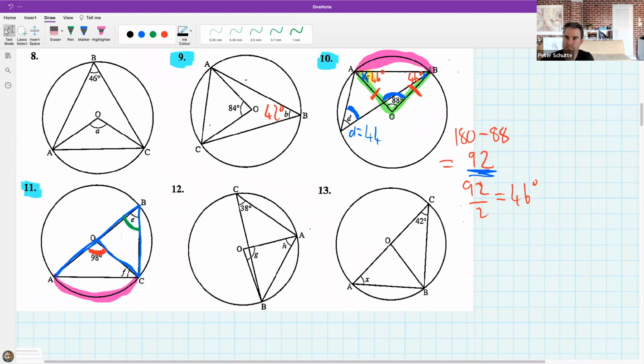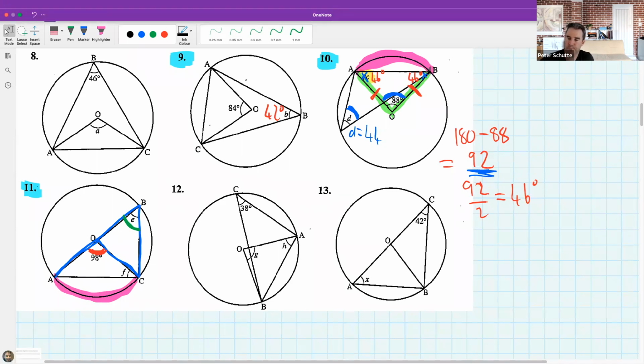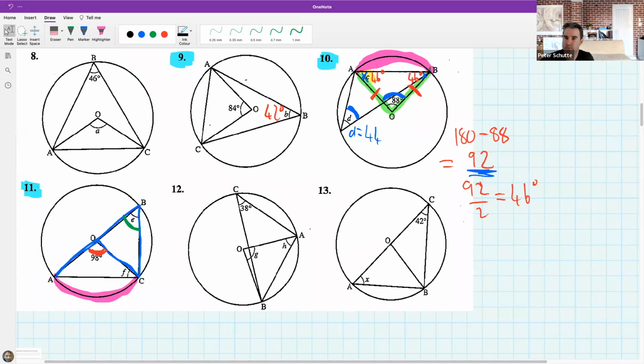Letty, let's go to you. So I want to ask a question. If we could use the rule that angles on a straight line are equal to 180, so the other side is going to be 180 minus 98, which is 82. Oh, sorry, 82. Well spotted. Yes, that's 82.